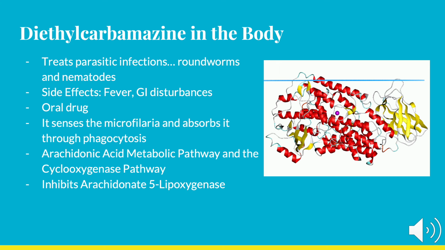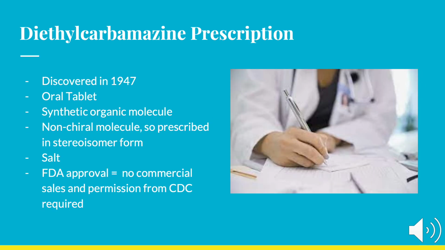Those pathways and enzymes are all directly involved in the body's inflammatory response. Here on the right side, you can see a picture of a molecule of the enzyme lipoxygenase.